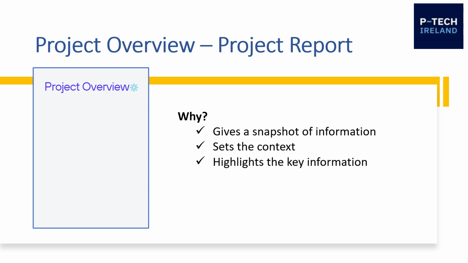An overview usually includes a summary of the project brief, the problem that you've identified, your target audience that you've identified, or the user who's affected by the problem, and the proposed solution to that problem. So it makes it easy for someone to see what the problem was and what the project work achieved.